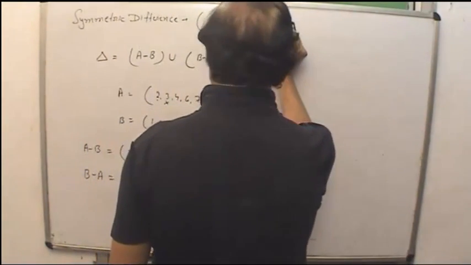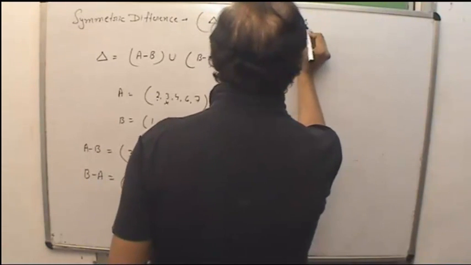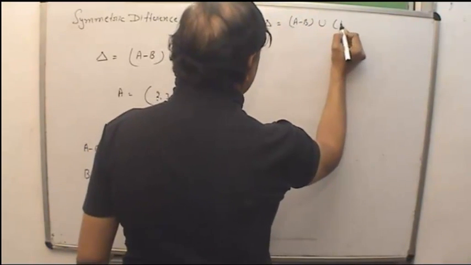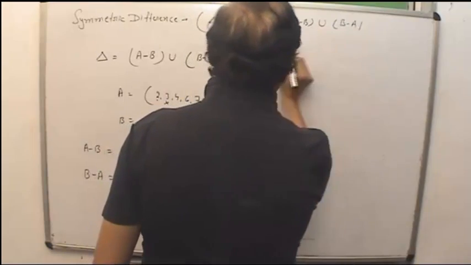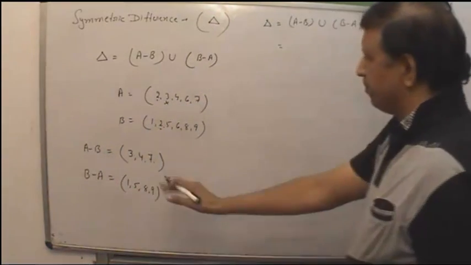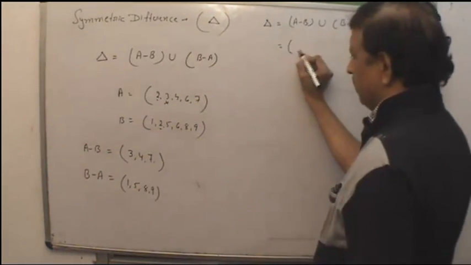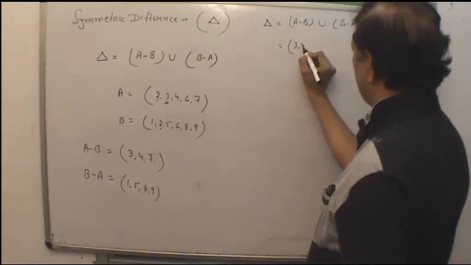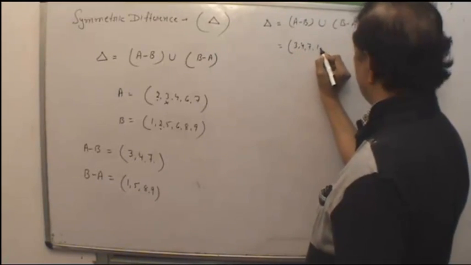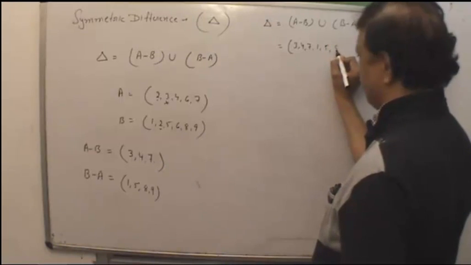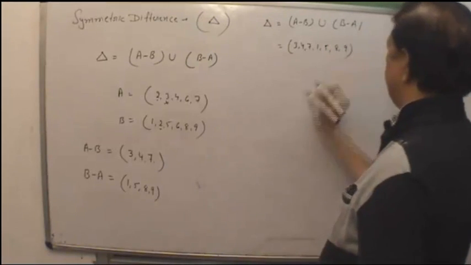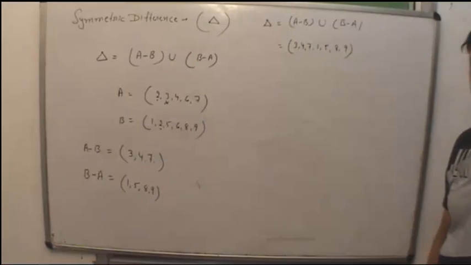Symmetric difference means A minus B union B minus A. That is equal to, see, if we unite them, {3, 4, 7, 1, 5, 8, 9}. That is the symmetric difference.